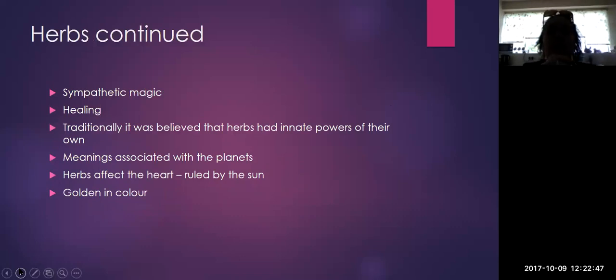Sympathetic magic, healing, traditionally used for many, many years. We talked last time, didn't we, about, well, that's the point, I've got to put past life on as well, classroom. We talked last time about who Kelly's related to, Henry VIII and his association to herbs as well.